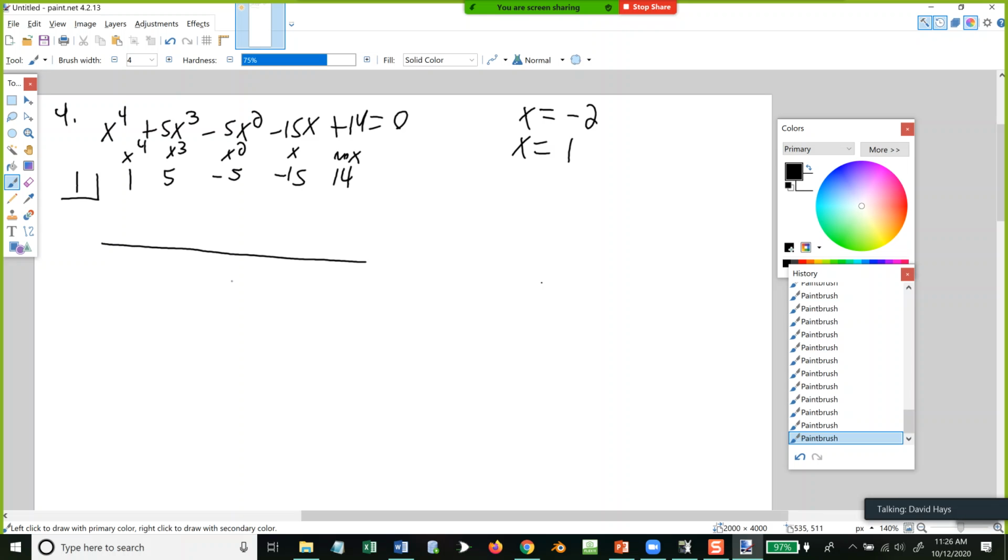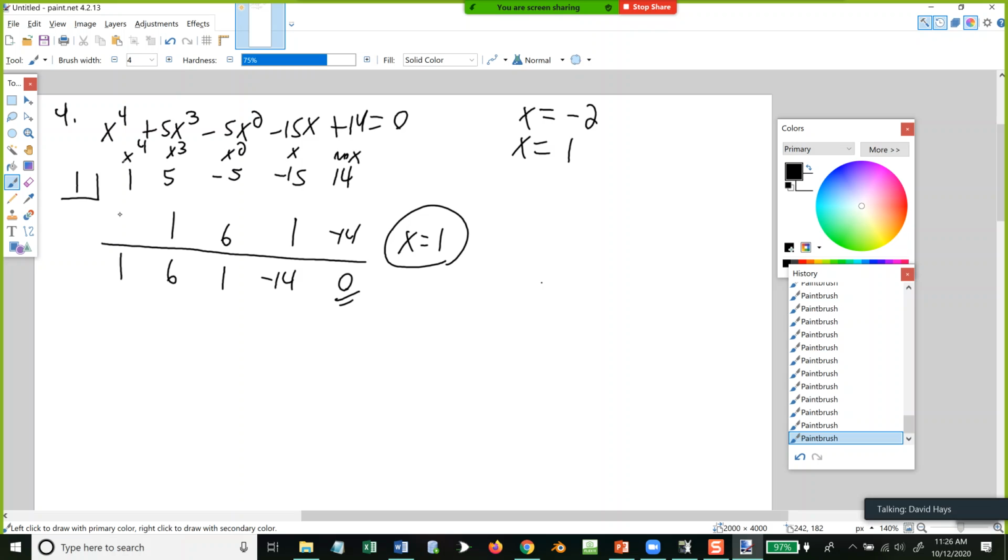It self-checks because you know you should get a 0 remainder. So add, multiply, add, multiply, add, multiply, add, multiply, add. Then we get a 0 remainder. Again, no big surprise. The calculator told us it was an answer, but that confirms x equals 1 is our first answer.